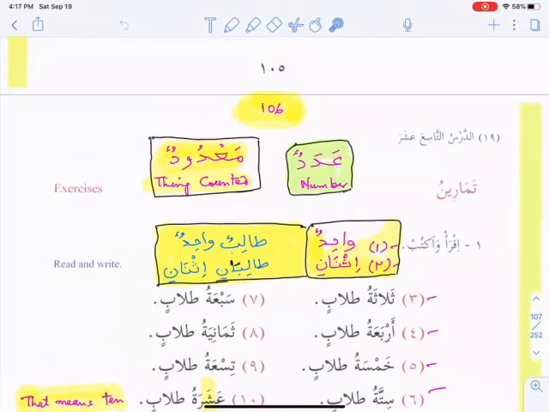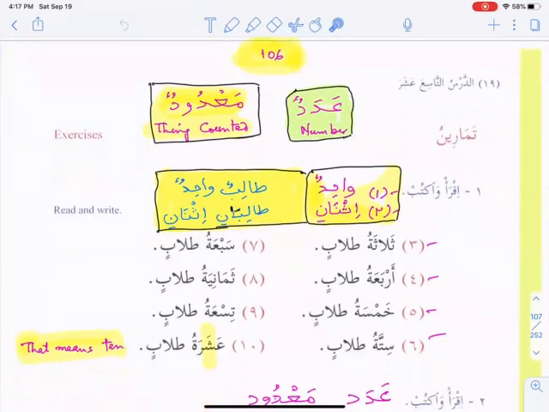Leave the numbers, we will do them in future. I'll spend more time. But the thing is, numbers 1 and 2 are like an adjective and the noun qualified. Remember, 1 and 2.